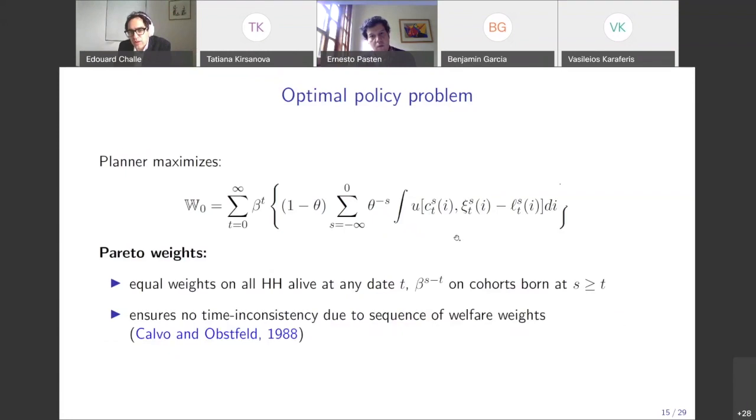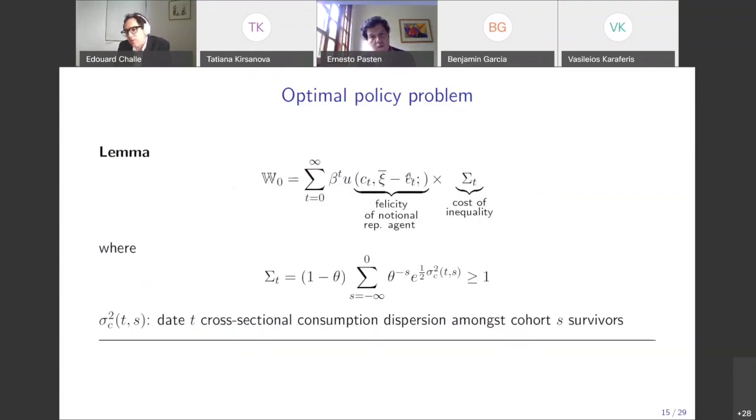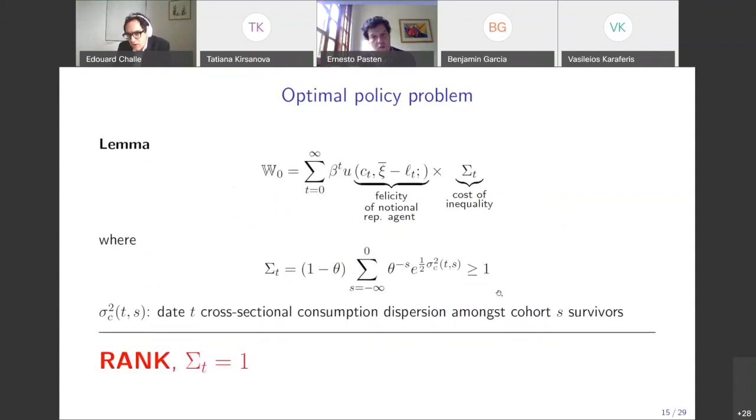And this is truly equal to this term. So you remember that we have a negative exponential utility here. So if big sigma t goes up, that makes the planner less happy. Okay, so sigma t is really the cost of inequality. In the rank model, you don't have any cross-sectional consumption dispersion.